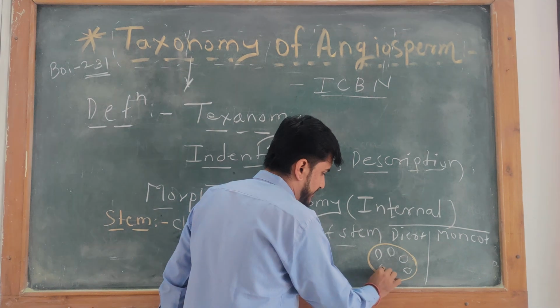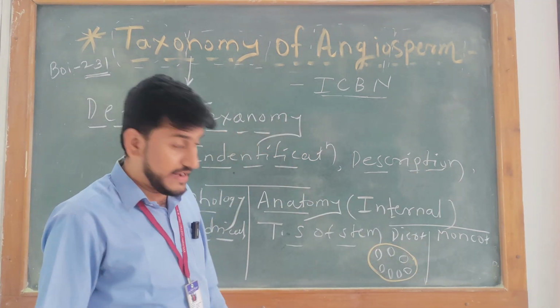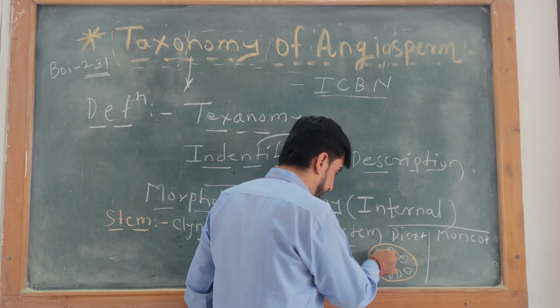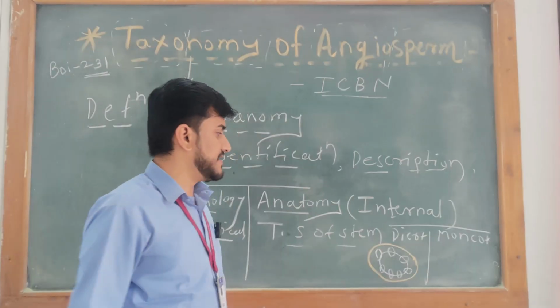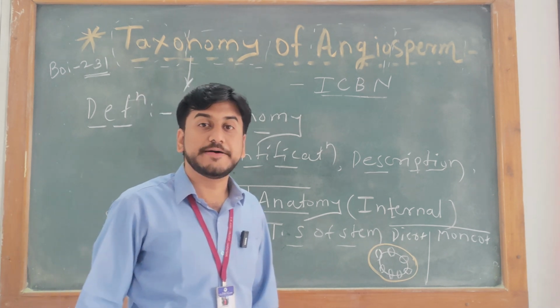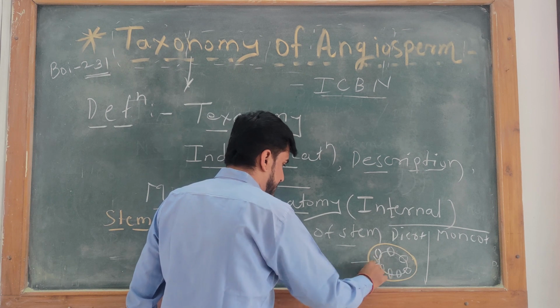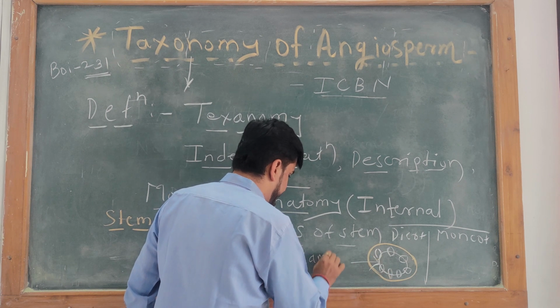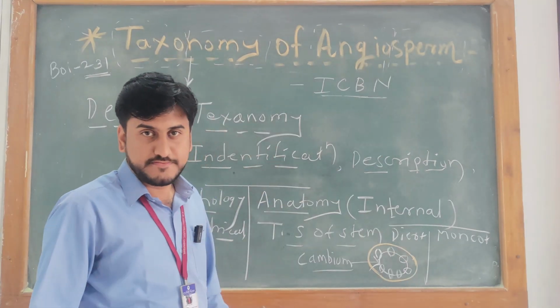In dicots, the vascular bundles are arranged in a ring-like manner. Ring-like manner means that in between xylem and phloem there is a cambium ring, and this cambium ring functions in secondary growth.